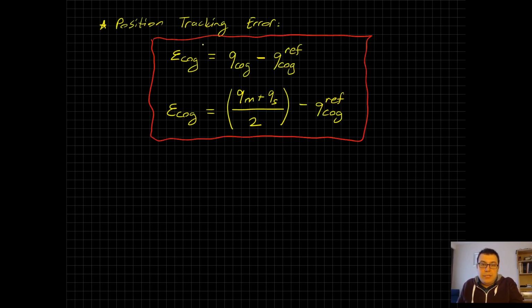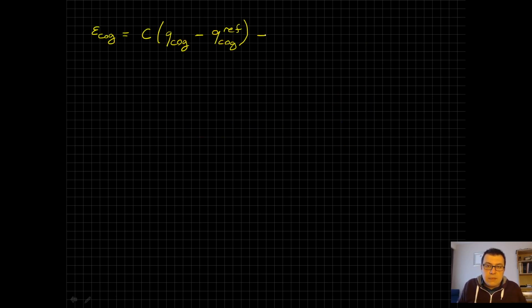That's as in position control, like what we have done here, plus Q center of gravity dot minus Q center of gravity reference dot. Now, this error, center of gravity error, is a generalized error. It is in the framework of generalized error.